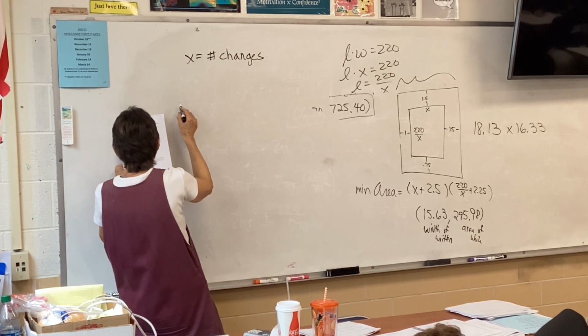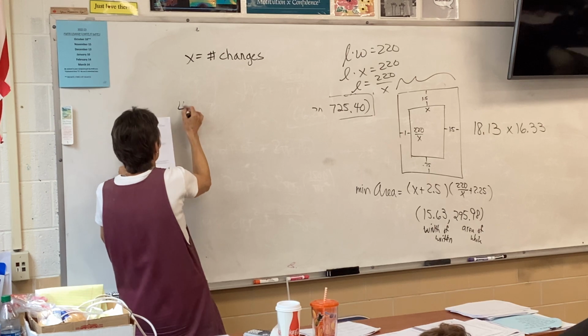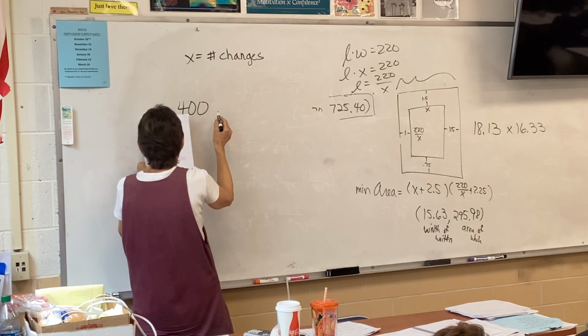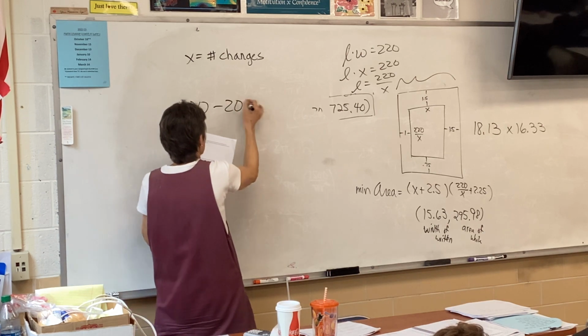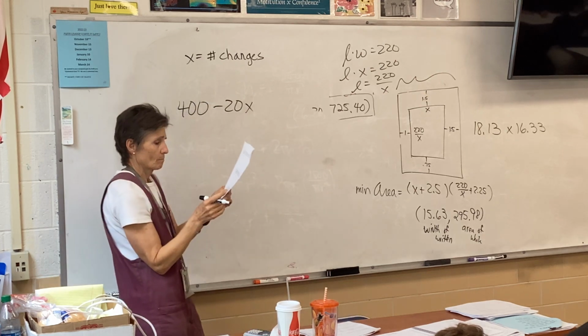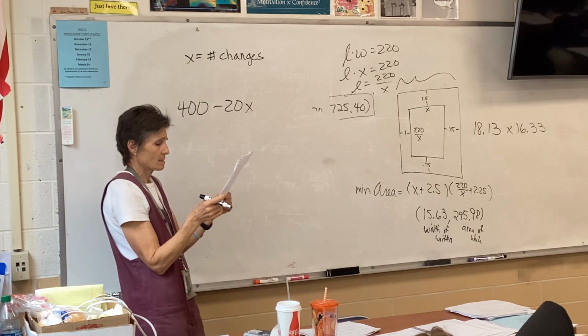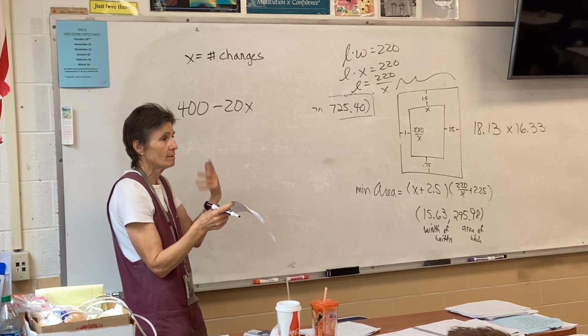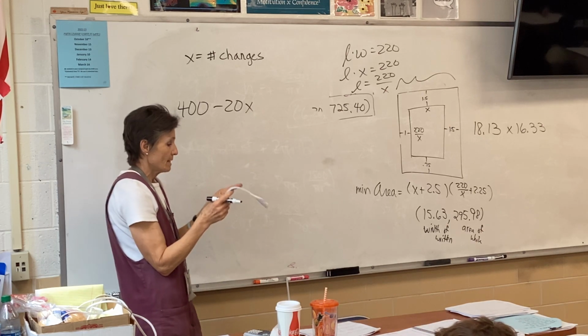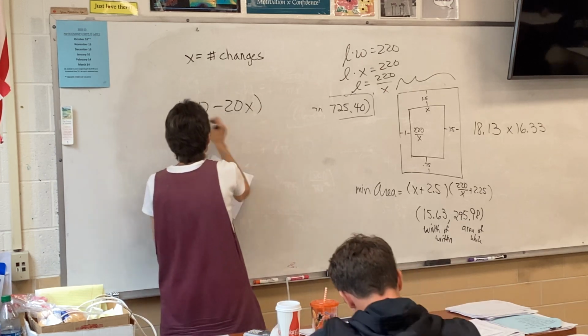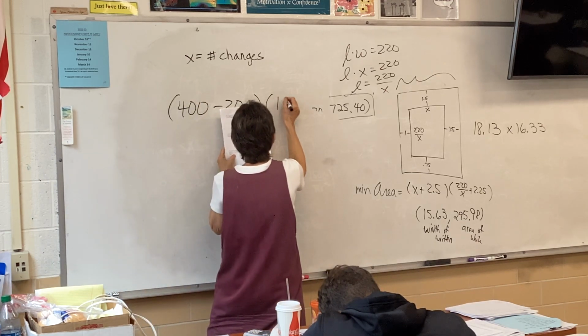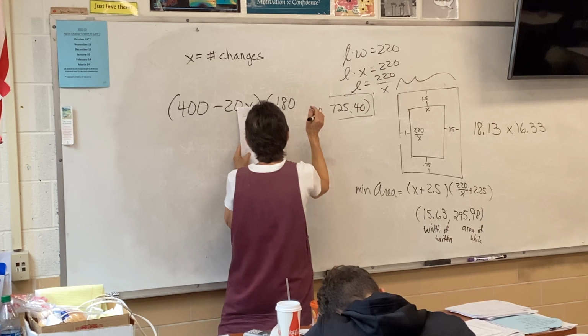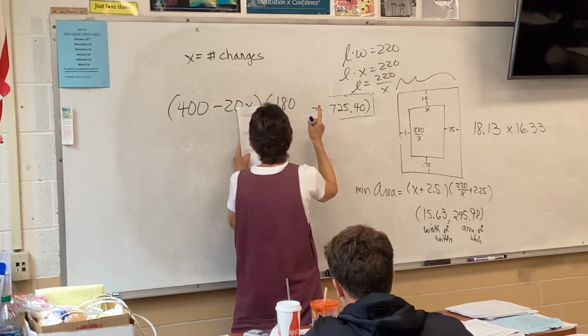So the minutes are 400 minus 20x, does that seem right? 400 minutes, losing 20 every time, chunks of 20, increments of 20. And that's that. And then we're doing 180, this is the part that confuses me.